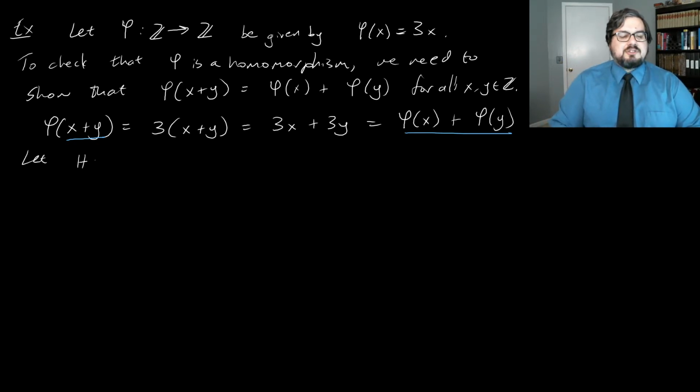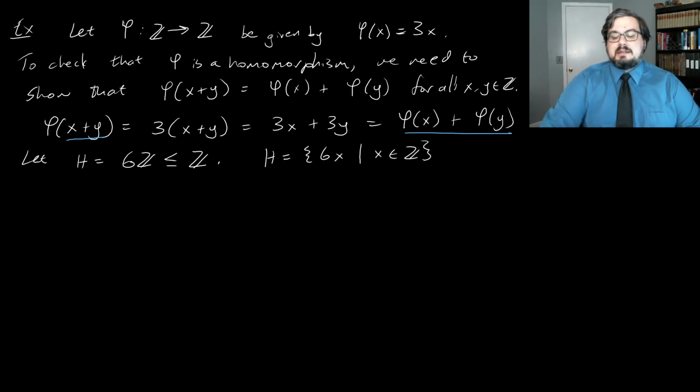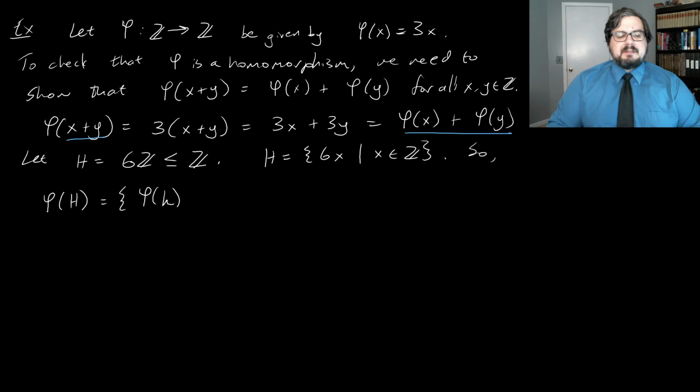So let's look at some of the other types of sets that we had before. Let H be the set 6Z, which is a subgroup of Z. So we also have another way of describing this. H is equal to 6x for all x in Z. So we have that the image of H under phi is the set of all phi of h, where a little h belongs to H. But we can work out more of what this is.